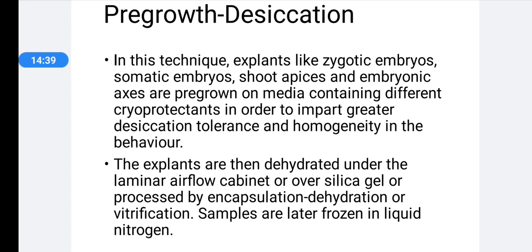Then the explants are dehydrated under the laminar airflow cabinet or over silica gel, or we can also go for encapsulation dehydration or vitrification. Then they are frozen in liquid nitrogen.